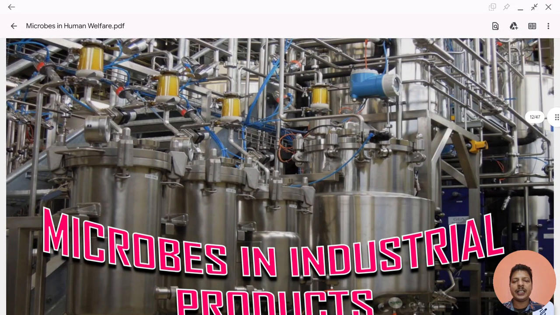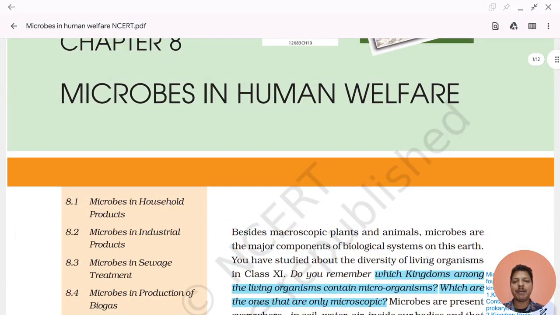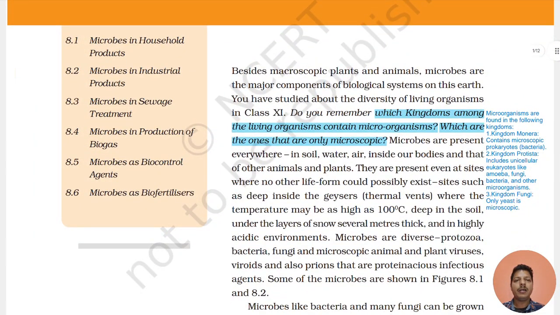Let's see what your NCERT says about this chapter. Here you can see, the first question asked is which kingdom among the living organisms contains microorganisms that are only microscopic. And here is the answer: microorganisms are found in the following kingdoms. Kingdom Monera contains microscopic prokaryotes, that is bacteria.